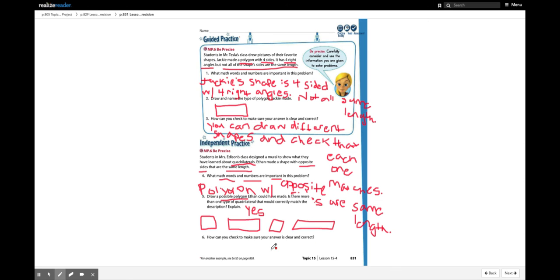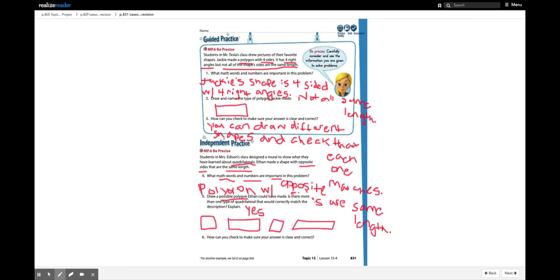And let's do number 6 together, but we're just going to do it out loud. How can you check to make sure your answer is clear and correct? Or, using another fancy word we've learned today, precise. So, how can you check to make sure your answer is clear and correct? By drawing different shapes. That's right.